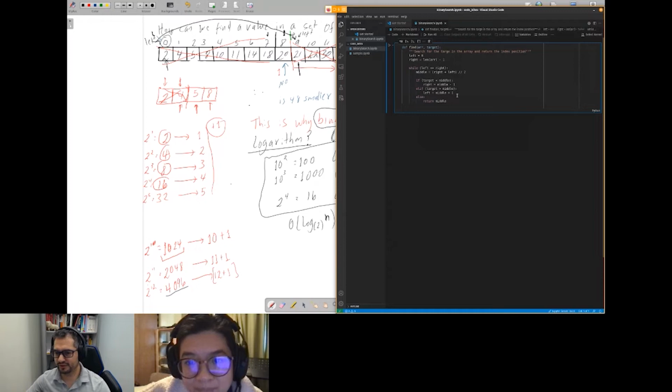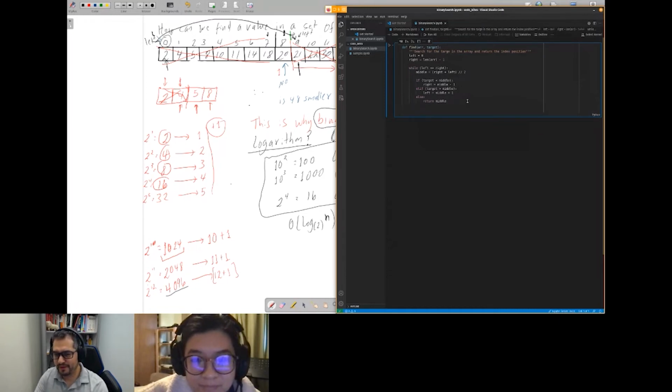This is the index. This is the position. This is where we're looking. So if it's not before and it's not after, well, it's the middle, right? Does that make sense?